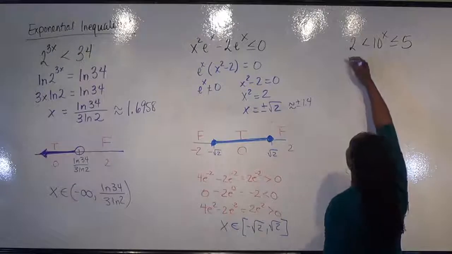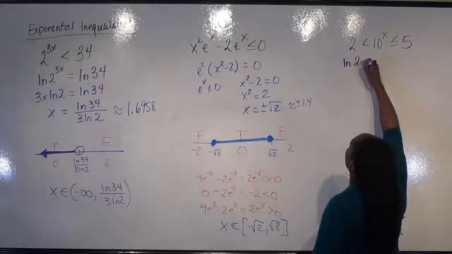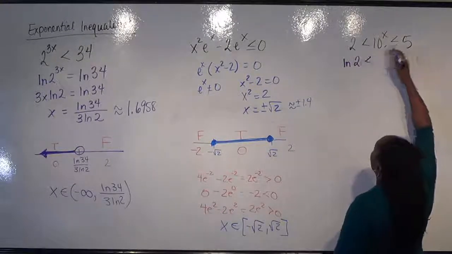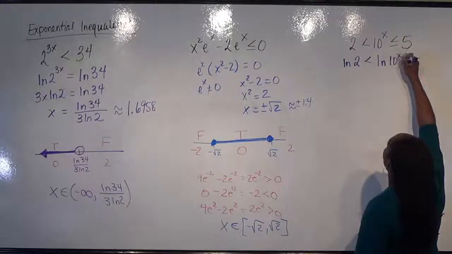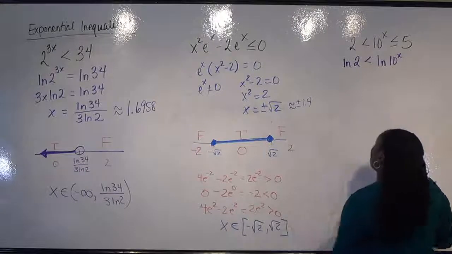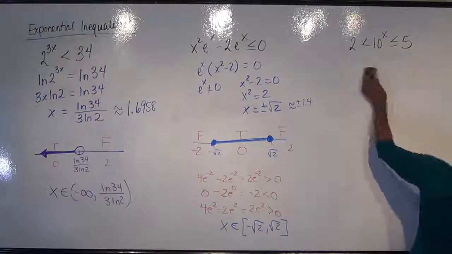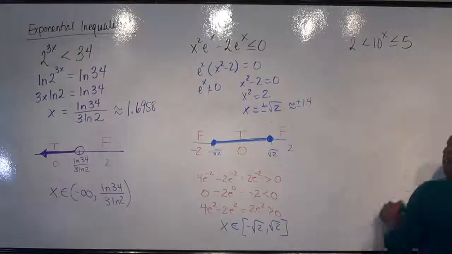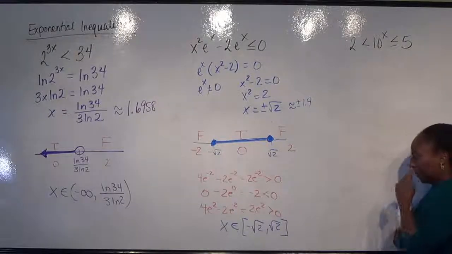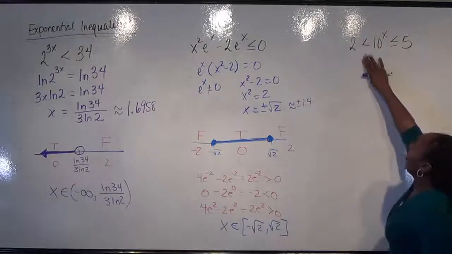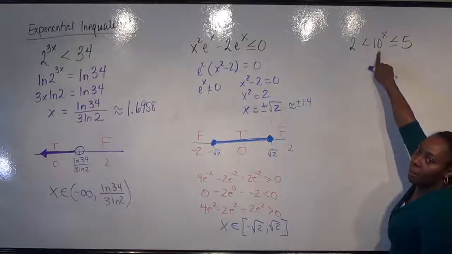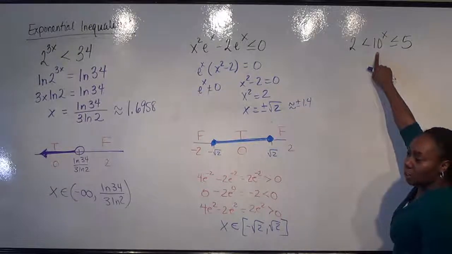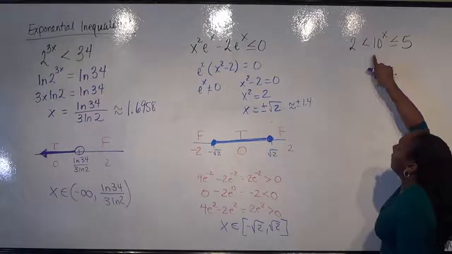So here I can take the natural log of everything. So again, think all sides of the inequalities. And I'm actually going to start this over. I'm going to take logs of all sides of the inequalities. And in this case, because I have 10 as my base on the exponent, I'm going to use a log base 10.